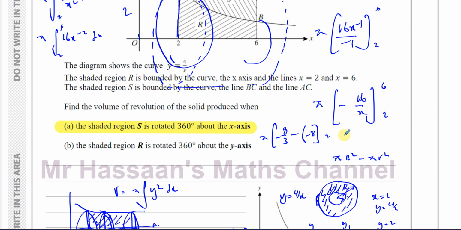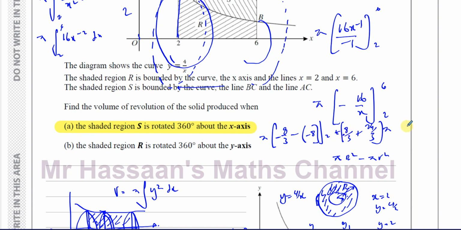So you end up with basically 8 minus 8 over 3. Now, 8 is the same as 24 over 3. So minus 8 over 3 plus 24 over 3, and that's multiplied by pi.